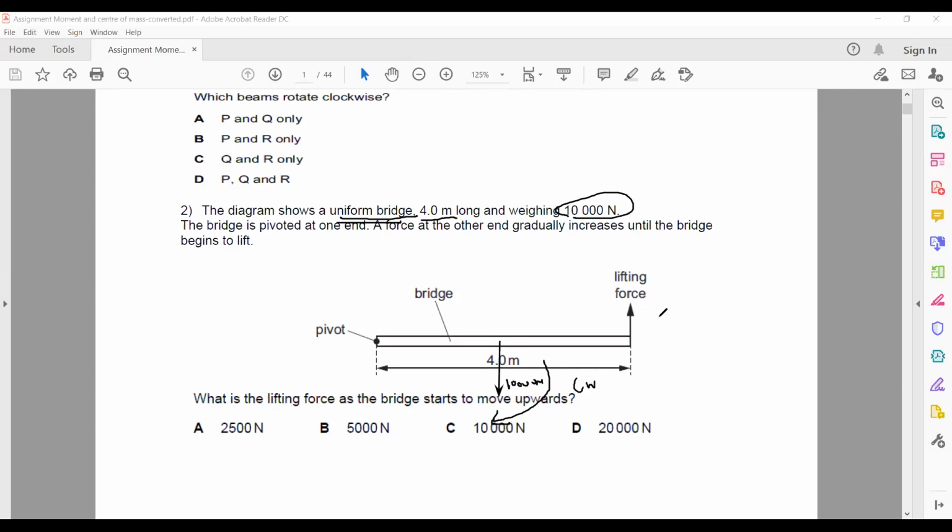And there's a lifting force. The lifting force will try to cause a rotation in the anti-clockwise direction. If the object is not rotating, the clockwise moment and anti-clockwise moment will be the same. What is the clockwise moment?